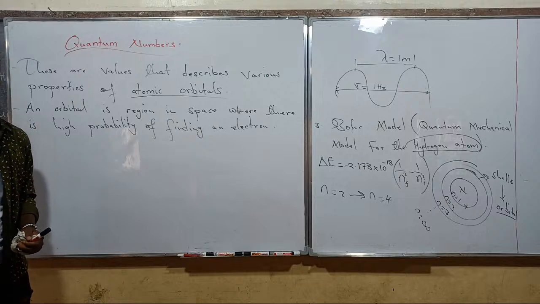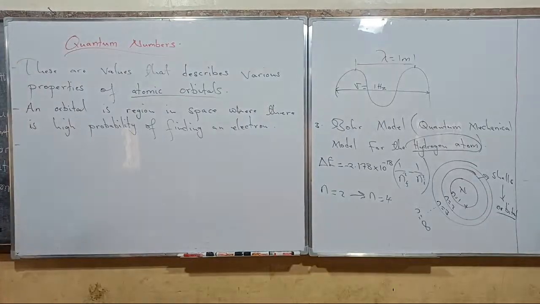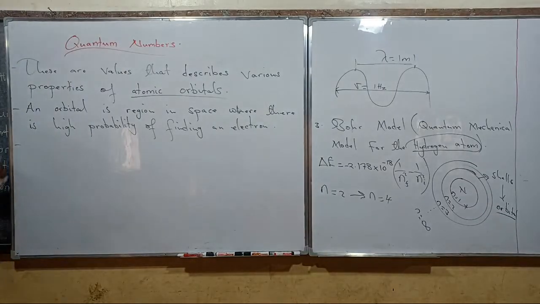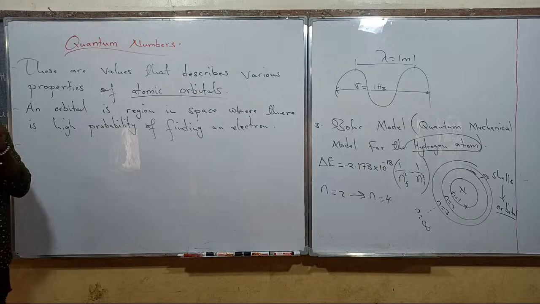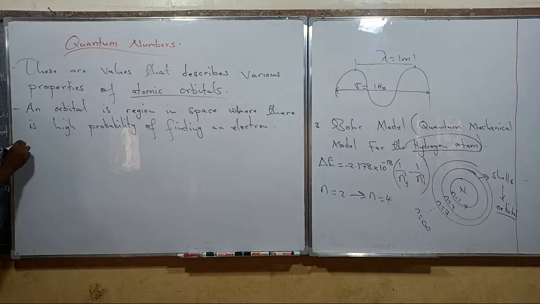It can either spin clockwise or counterclockwise, or if you want, upwards or downwards. So there are 4 quantum numbers. The first 3 specify the size, the shape, and the orientation of the orbital, and the last only specifies the spin.